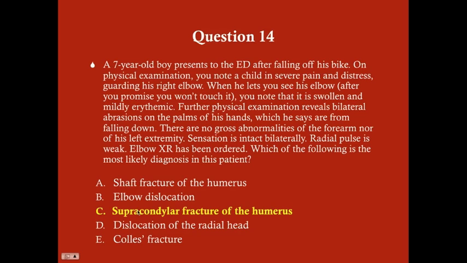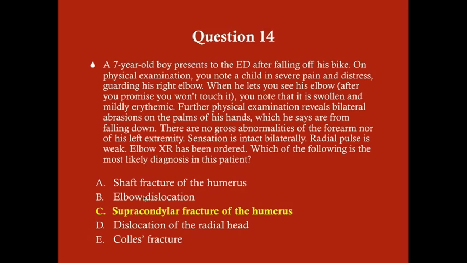So very important to know the supracondylar fracture of the humerus caused from falling on outstretched arms and hands. Very common in children. Now, with Colles fracture, it would be more likely due to falling onto the wrists rather than the hands.